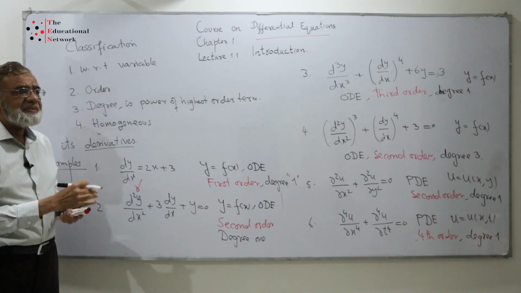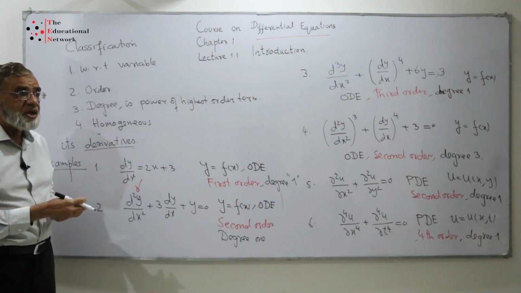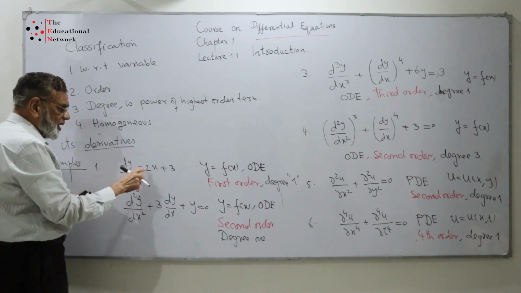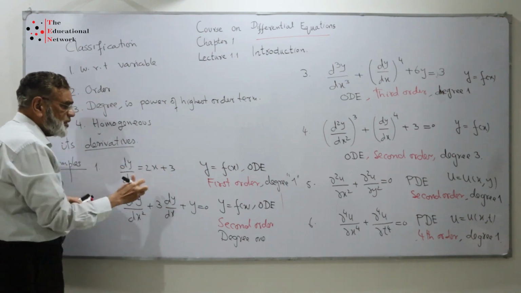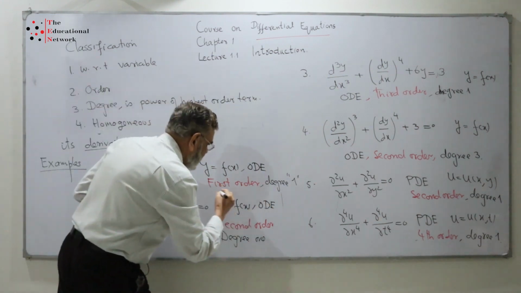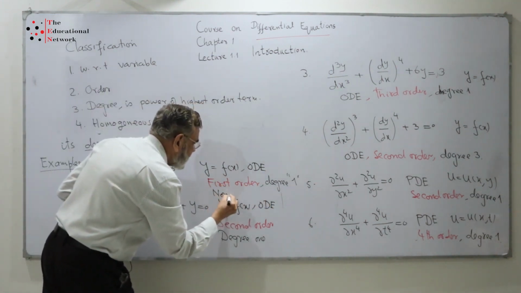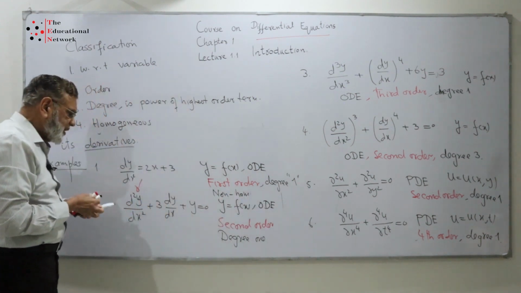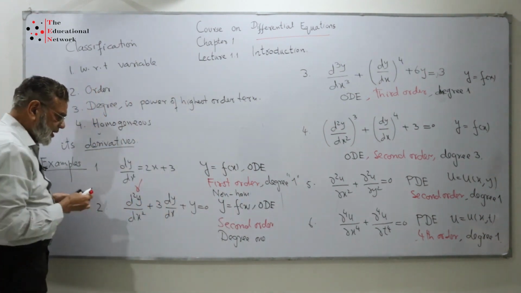And if any term lacks it, that's non-homogeneous. You can see here the dependent variable y is not present here, y is not present here. This is non-homogeneous.